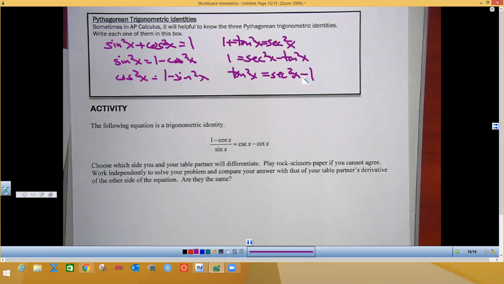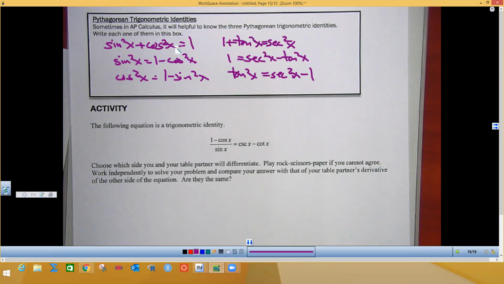And then there's a third of the Pythagorean identities. By the way, I probably should have told you this. To get this one, if you divide everything by cosine squared, sine squared over cosine squared is tangent squared, cosine over cosine is 1, and 1 over cosine squared is secant squared.